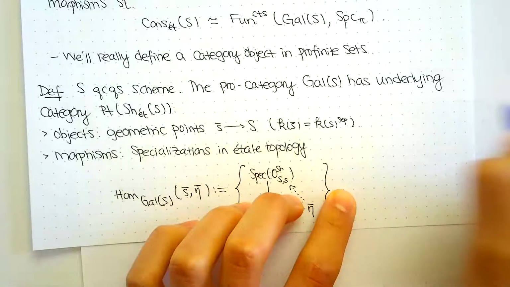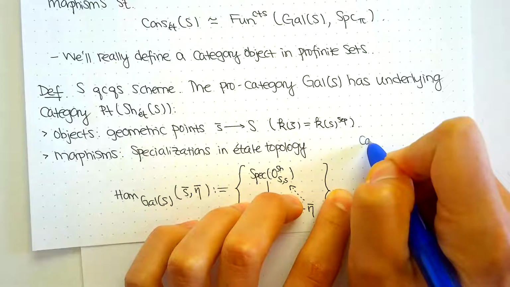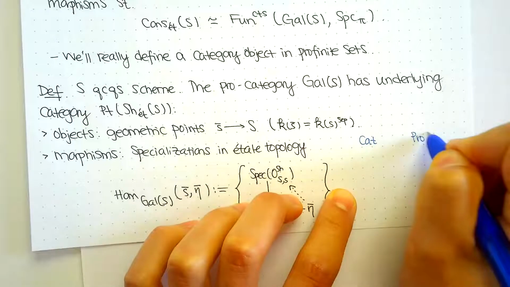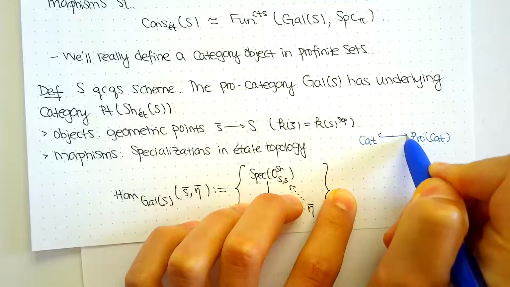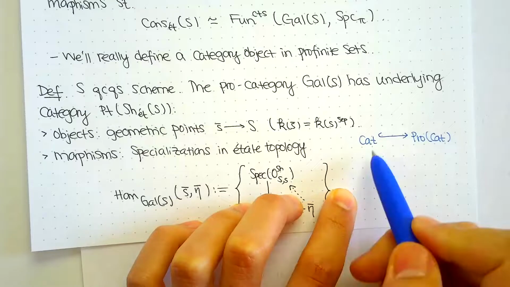One thing you can do is say you have a category and you look at pro categories. There's a Yoneda embedding that embeds categories into pro categories. If you think about them as formal inverse systems, this is just the constant ones.